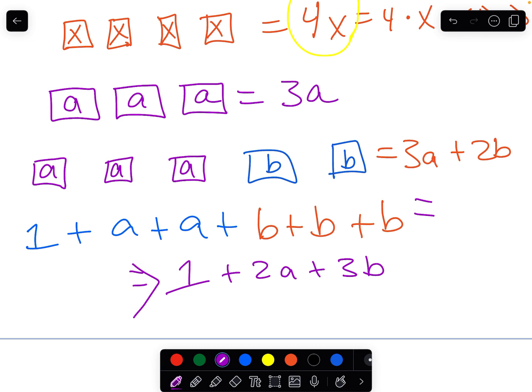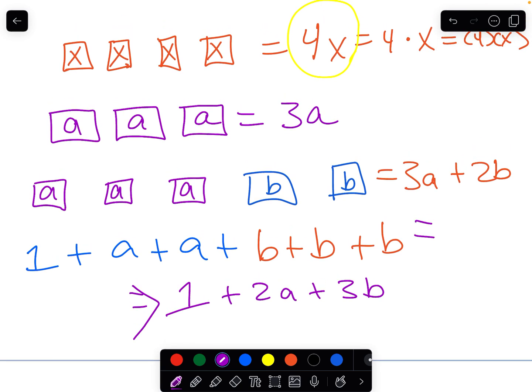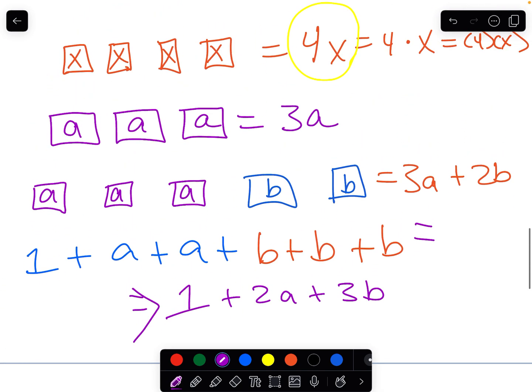I'm actually going to stop there because this is a lot. And even though it helps to understand this using real life examples, which I do in my class, for now, the real takeaway that I want you to have is that the letters represent quantities, values that we don't necessarily know yet, and that the way that we will write those quantities when they are added together is a number next to a letter.